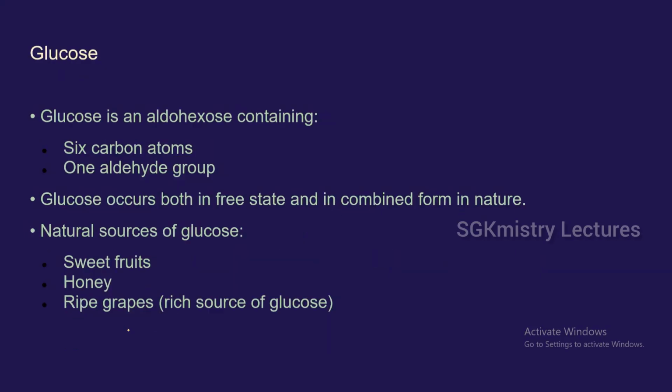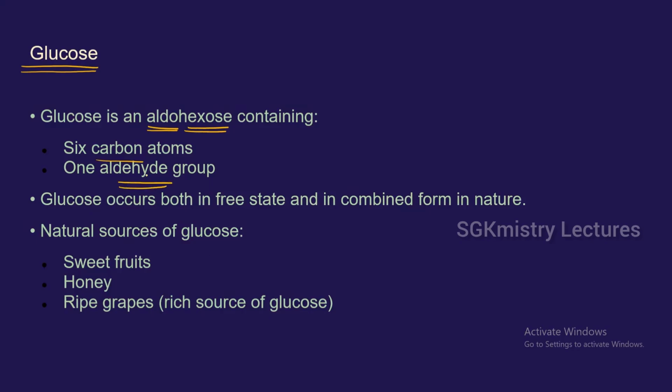Now we are going to study in detail about glucose. Glucose is an example of a monosaccharide and it has an aldehyde functional group, so it is called an aldose. And it has 6 carbon atoms, so it is called a hexose. When you club these terms together, we call it an aldohexose, because it has 6 carbon atoms and an aldehyde group.